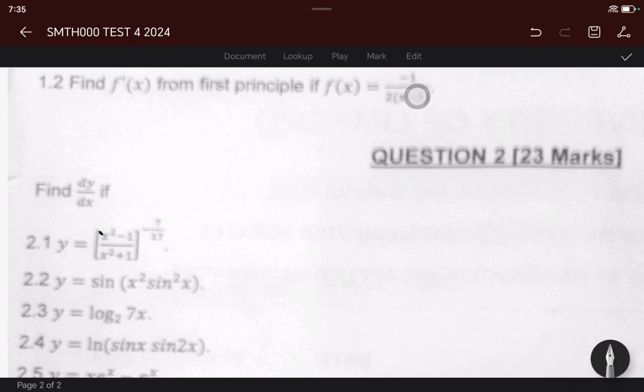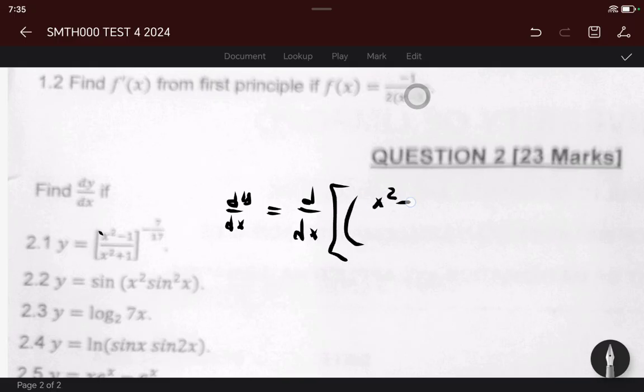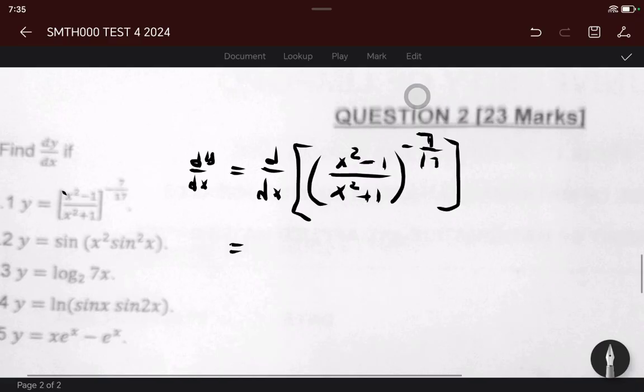So this one, when I'm going to derive it, let's say I introduce d over dx on both sides. This will just be x squared minus 1 over x squared plus 1 to the minus 7 over 17. When I do this, I'm just going to drop the exponent first.